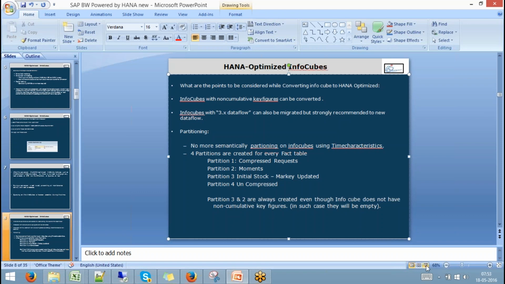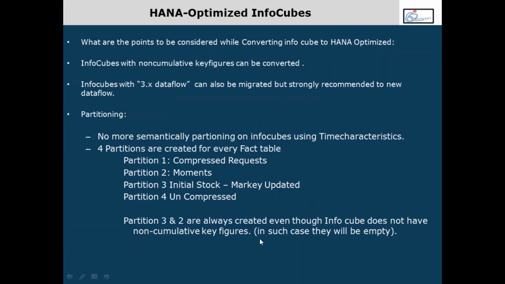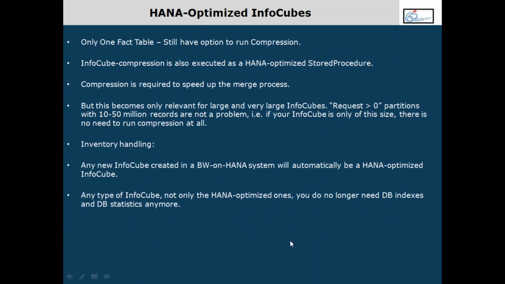Partitions 2 and 3 are always used only in the case of non-cumulative key figures. Even though there is no E table, you still have the option of running compression, because here compression is executed as a stored procedure which writes data from partition number 4 to partition number 1.